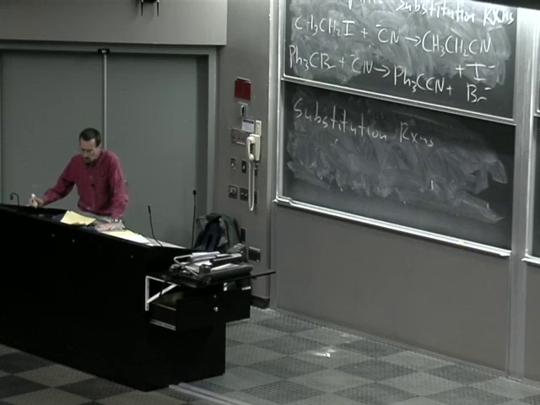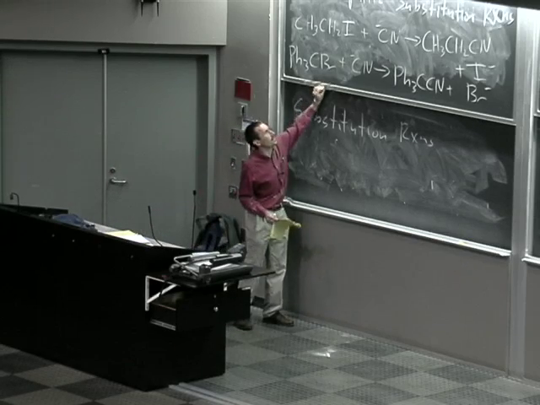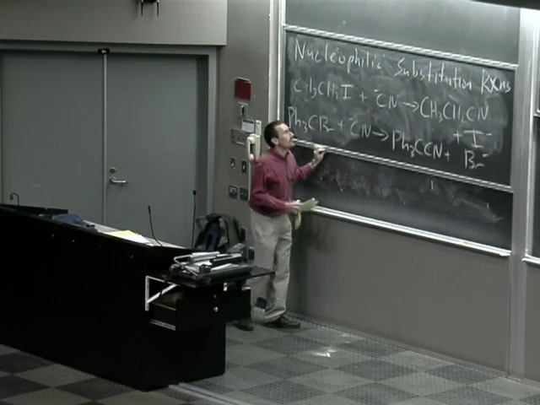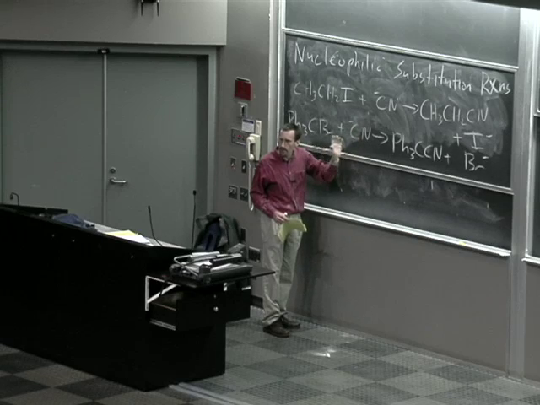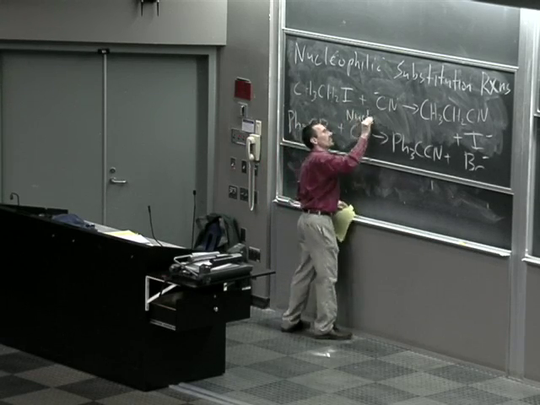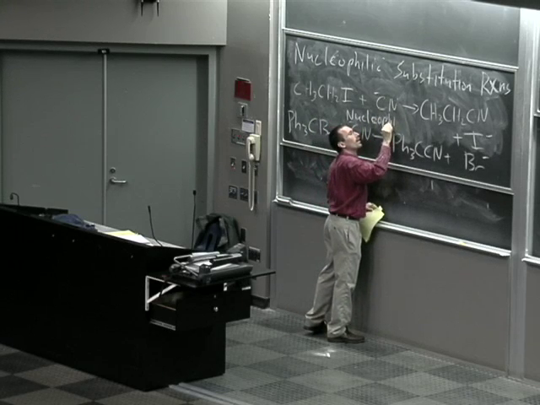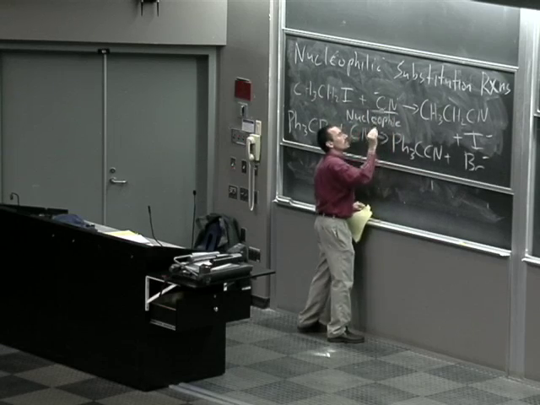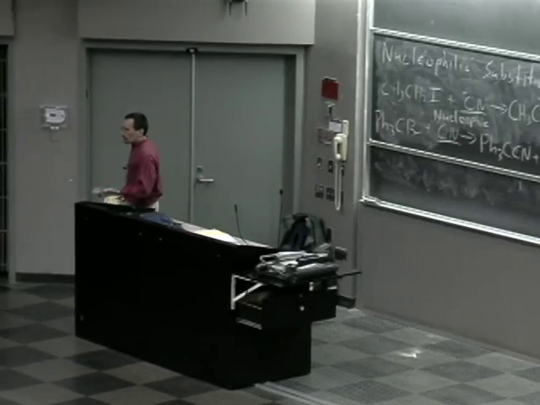Now let's take a moment then to talk about the anatomy of the two components in this reaction. In both of these reactions, the component that's doing the substituting, the component that's coming in, we refer to as a nucleophile. So the cyanide in these examples is a nucleophile.